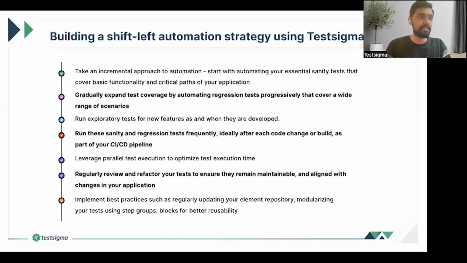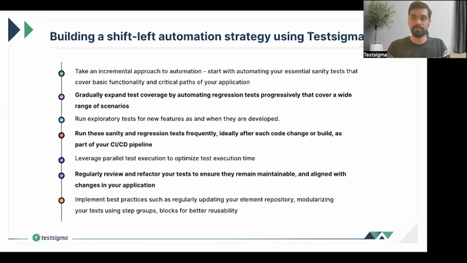One of the other things I found common among those who are seeing good results with automation is that they regularly update their test repositories, element repositories, test data, and so on, and they keep modularizing their tests.